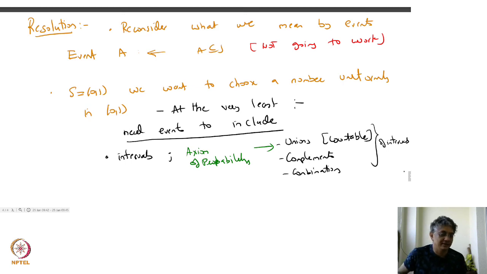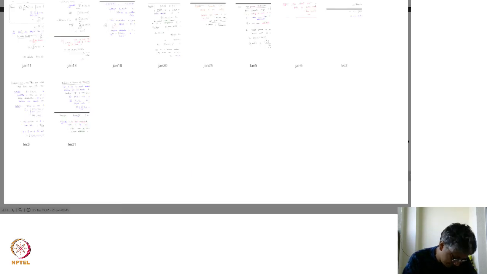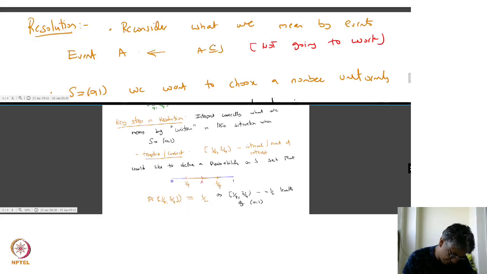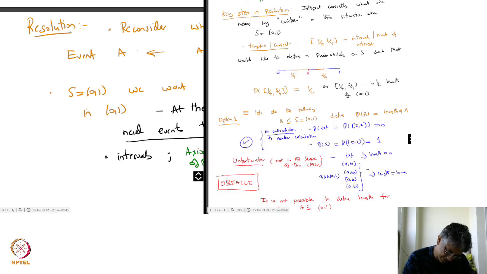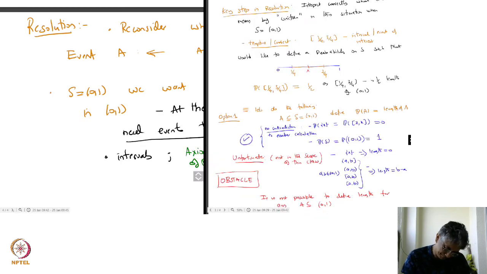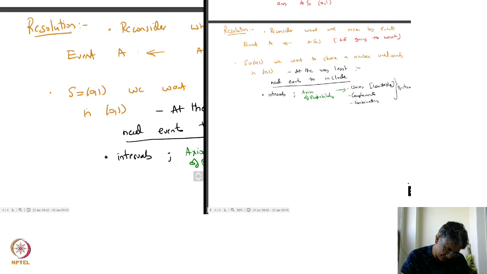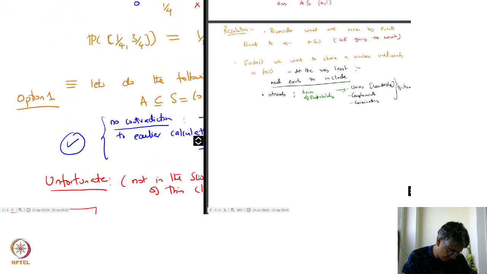So in the next class we will come back and try to understand how to define events so that I have this resolution. Just to recap, what were we after? I also need the following.